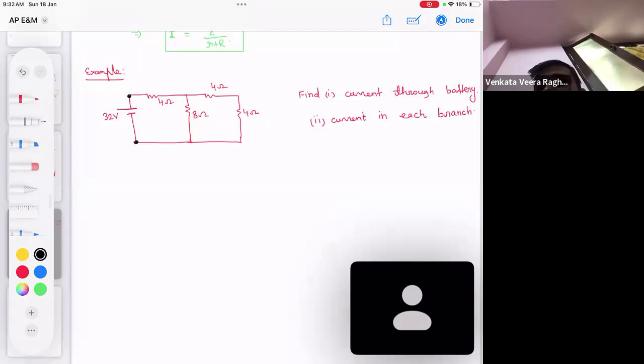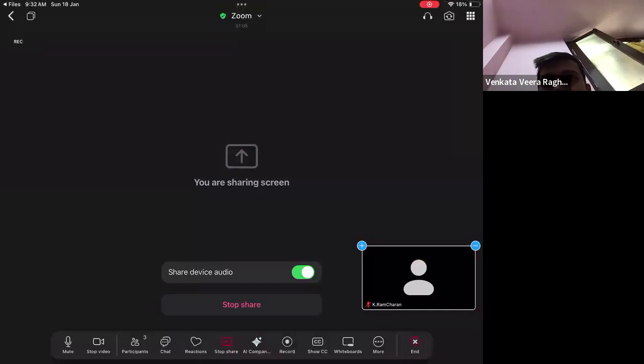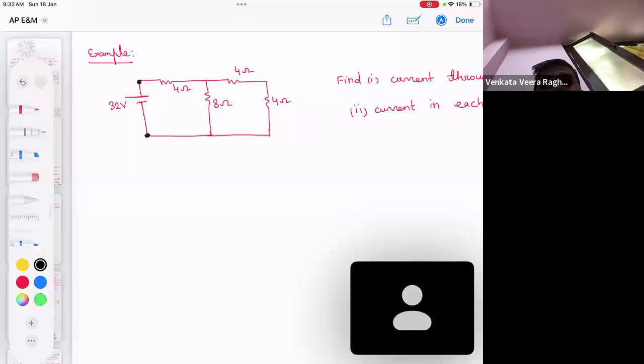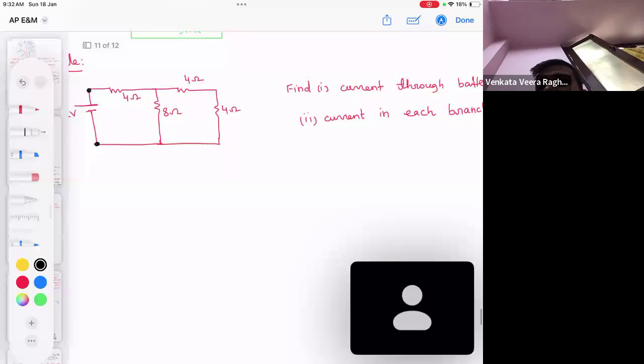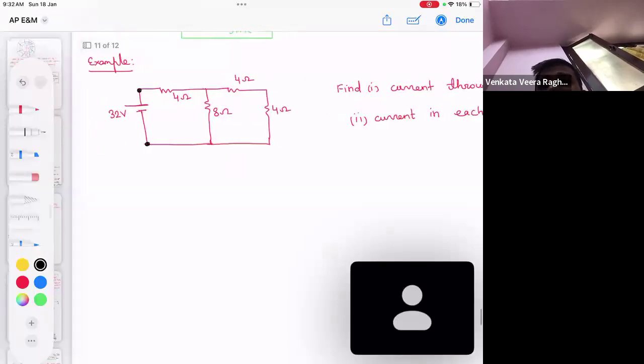Please tell me. Find the current through the battery, how much is that coming, and what is the current in each branch, how much is that coming.